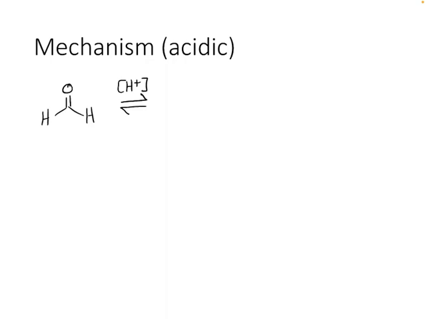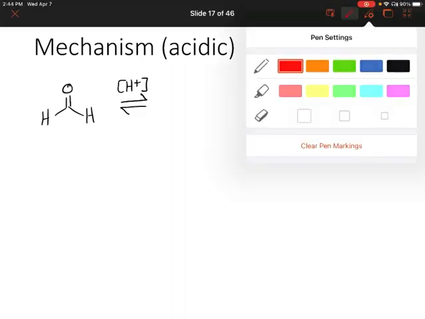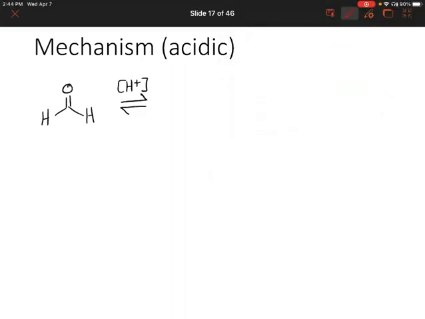What's the first step in this reaction? So remember, if you have acidic conditions, the first step is protonation of oxygen. All right, and then we said that our nucleophile is water.